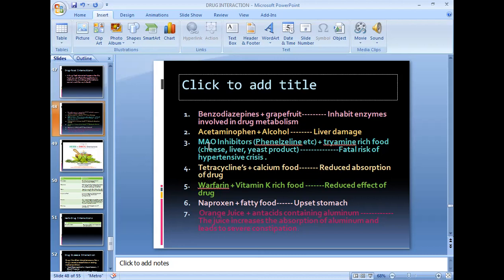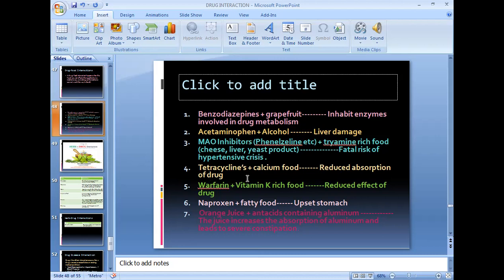But when monoamine oxidase inhibitors, which are antidepressant drugs, are taken, in such a case the metabolism of tyramine is inhibited. So the increased level of tyramine will be responsible for hypertensive crisis.